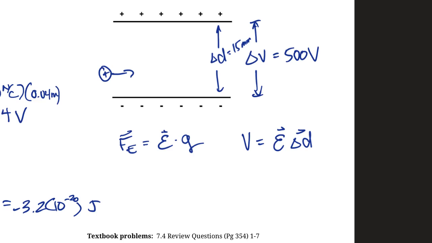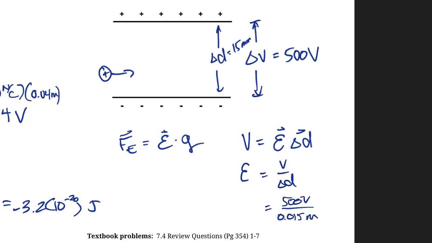So if we know the electric potential difference between the two plates and we know the distance between the two plates, we can easily calculate the field strength, right? The field strength in this case is just going to be the electric potential over the distance between them. So it's just going to be 500 volts over 15 millimeters. Now again, we need to be careful, put that in meters, 0.015 meters.